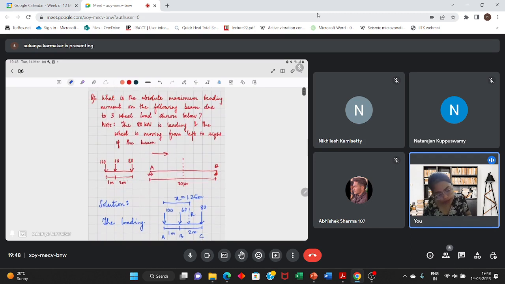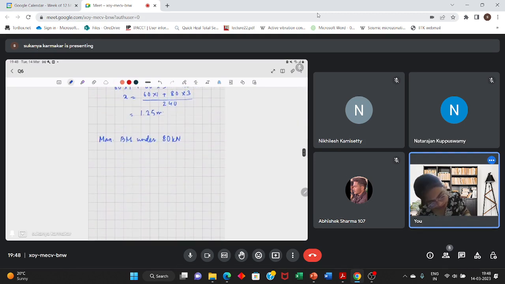The beam is 30 meters long, and this is the centroid of the beam.